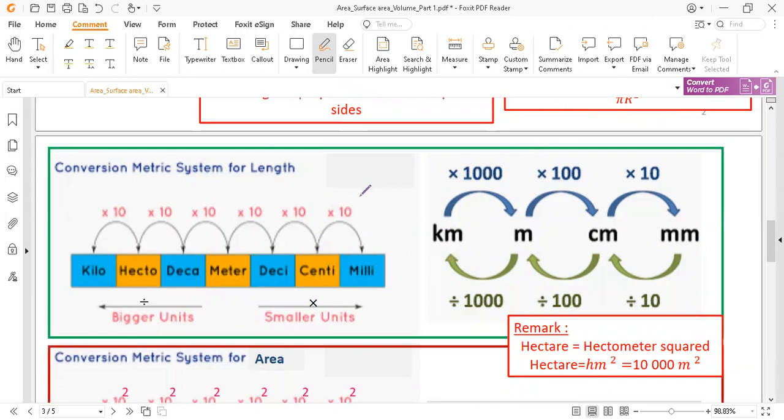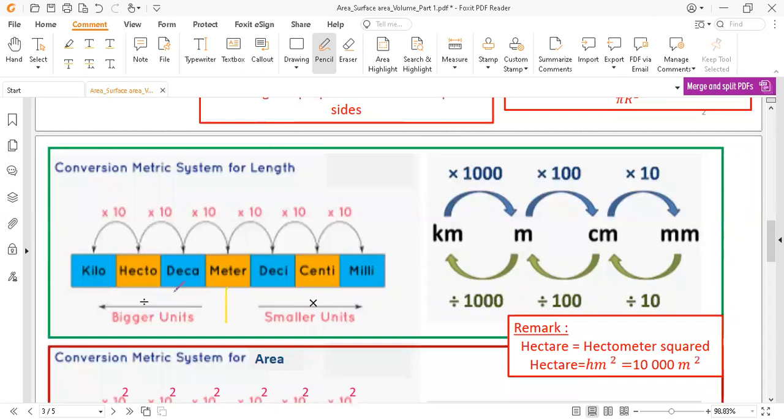To calculate the area, we have to use a specific metric system. We should know that the metric system is like meter, decimeter, centimeter, millimeter, going to the right to smaller units, and going to the left to bigger units, starting from the base length.